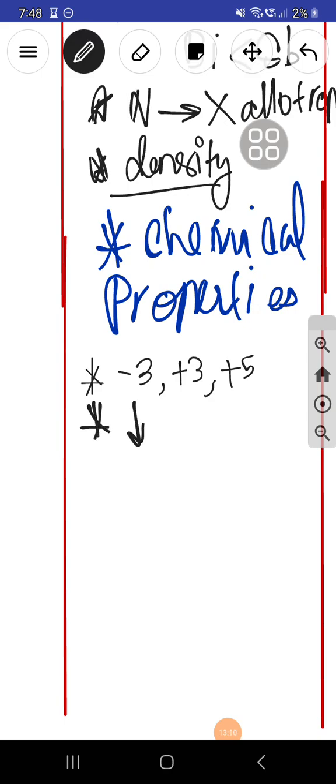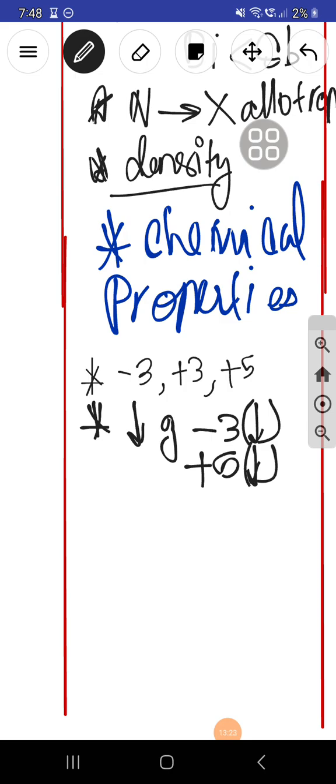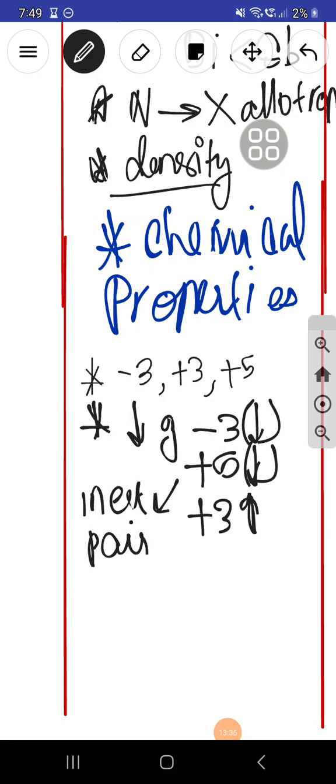As one goes down the group, the stability of -3 will decrease, the stability of +5 will decrease, and the stability of +3 will increase. Do you know what the reason for this is? It is the inert pair effect.